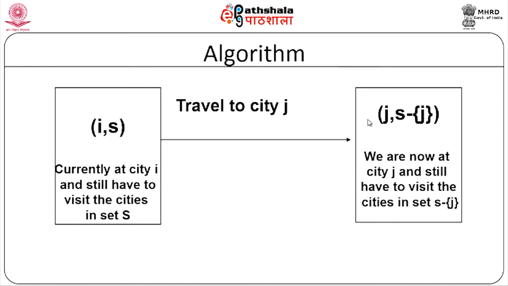So, I will explore all the possibilities from city J, and still we have to visit all the cities of the set S minus J, and we have to get back to the home city. This is what is needed for finding the solution of the traveling salesperson problem.